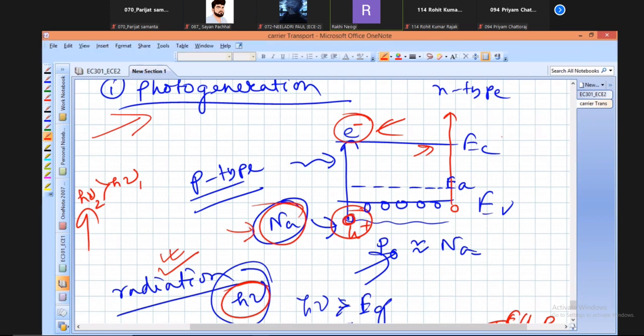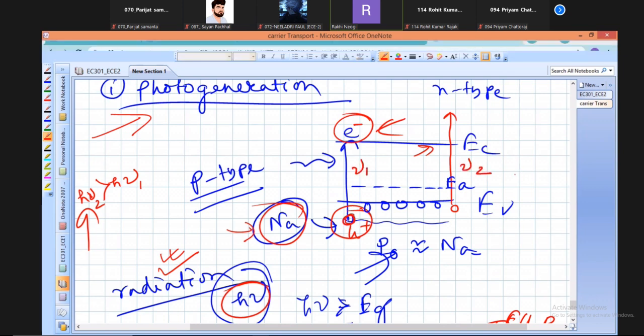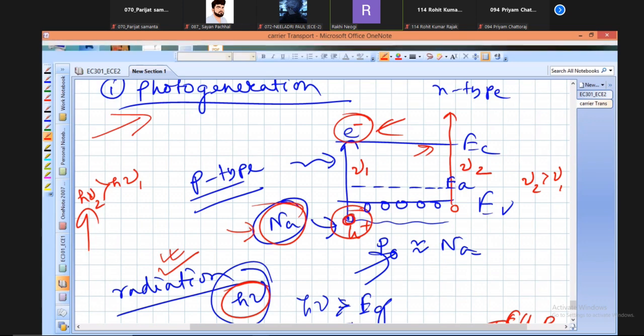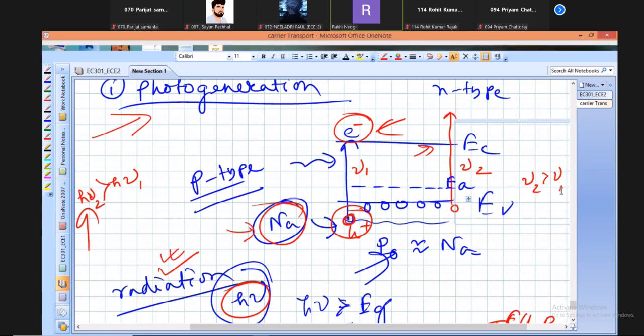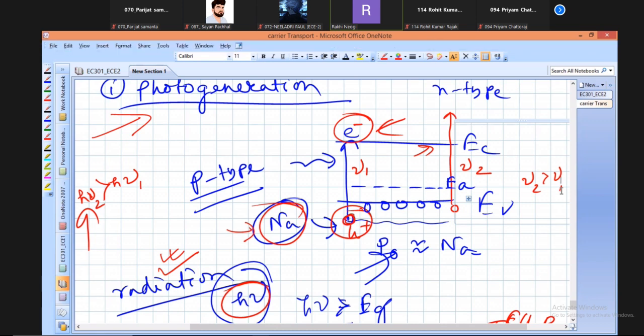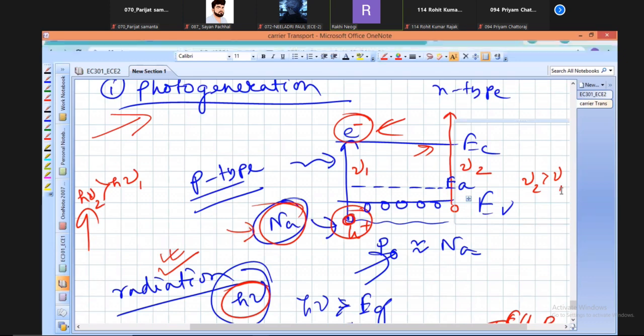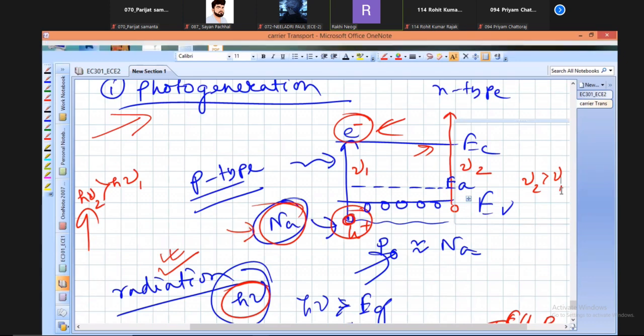That means for different wavelengths of light, it will definitely have different energy, and by absorbing that energy, the electron will make the transition to a higher energy state in the conduction band. It is possible. This type of process where electrons and holes are created due to the radiation of photons is called photogeneration.